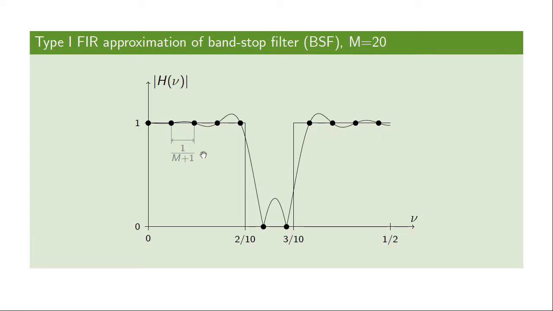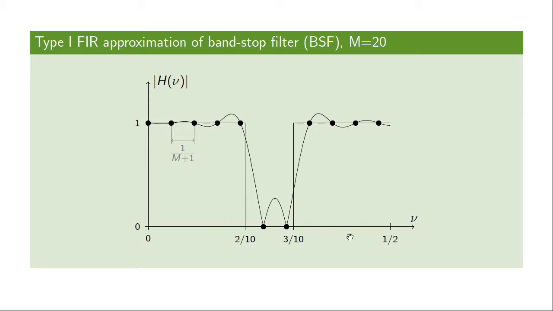And what we can see from the design of the filter is that at the sample points with a spacing of 1 over n, or 1 over m plus 1 in this case, where m is the order of the filter, the discrete time Fourier transform of our filter is identical to the desired response. And this is what this frequency sampling technique guarantees us in this case.